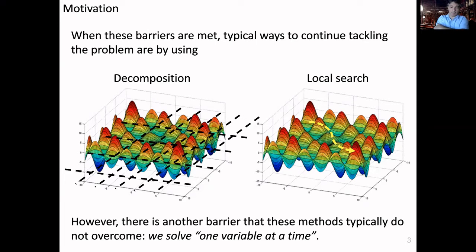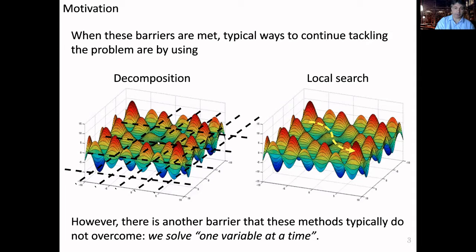In many frameworks, the decomposition and local search methods are combined with each other. But the problem is that both families of methods are often blind with respect to some boundary conditions. In other words, the problem is solved for a certain number of variables while making other variables invariant.